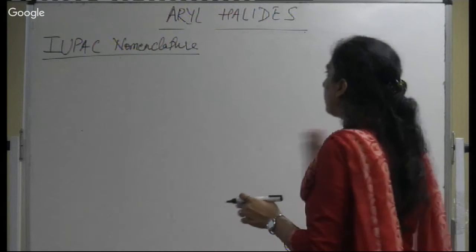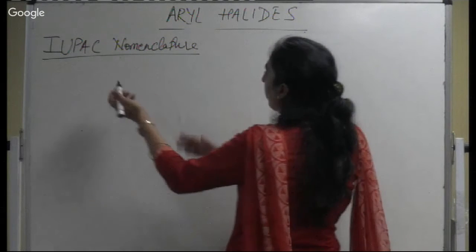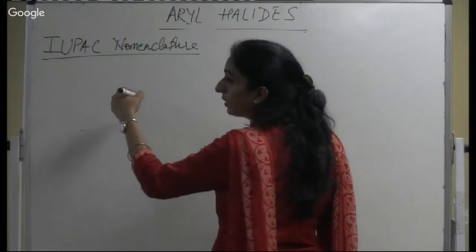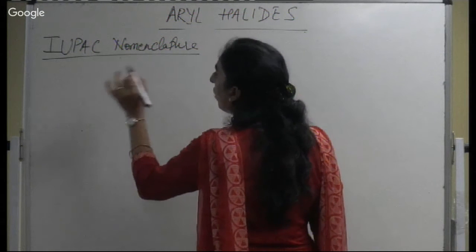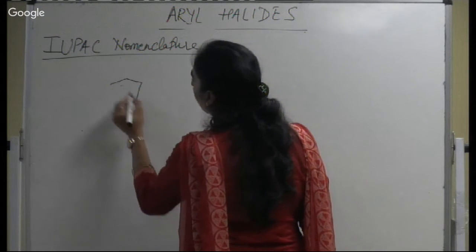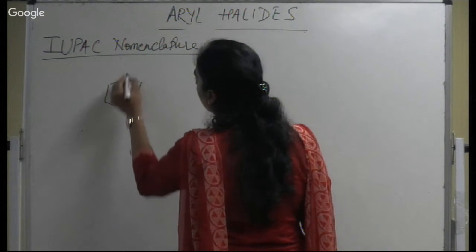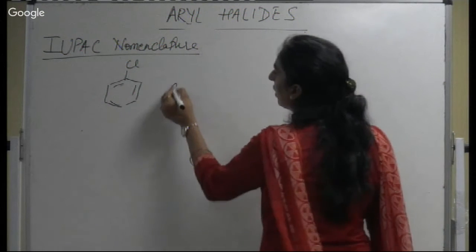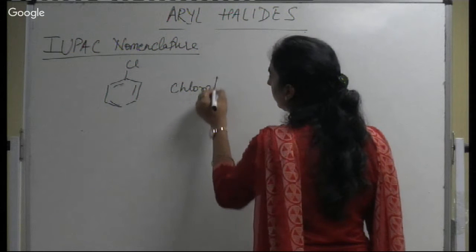So we always write halo as a prefix, not as a suffix. Unlike other functionalities, nitro and halide both are written as substituents. For example, this is chlorobenzene.